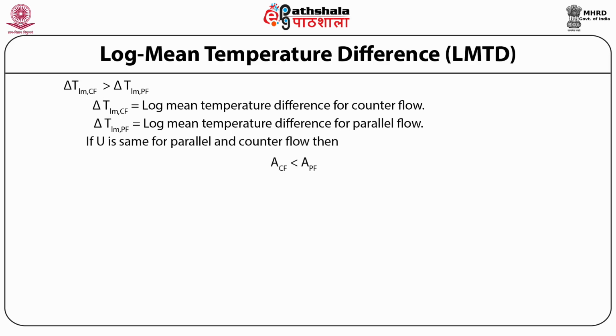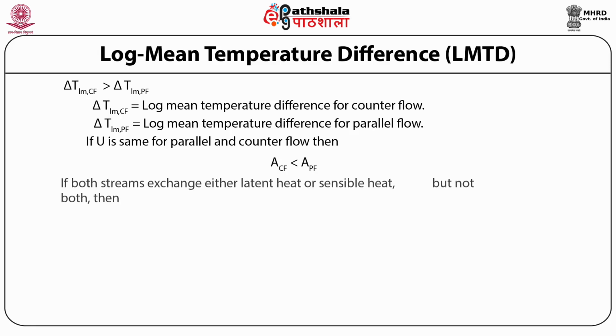If U is the same for parallel and counter current flow, then the area requirement for counter current flow is lesser than the area requirement in parallel flow. If both streams exchange either latent heat or sensible heat, but not both, then del T average, that is the average temperature difference, will be equivalent to del T Lm.